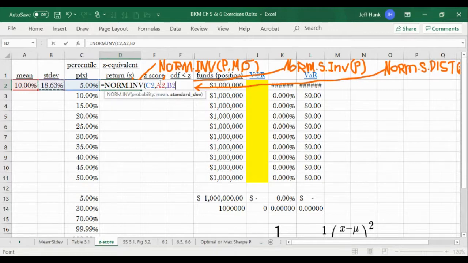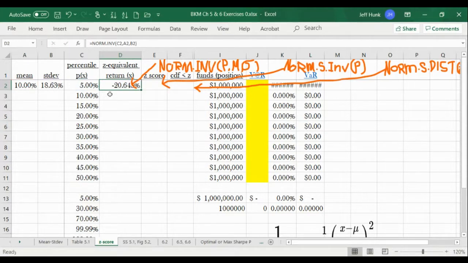And I'm gonna lock these things because I'm gonna later drag it down. So there you go.